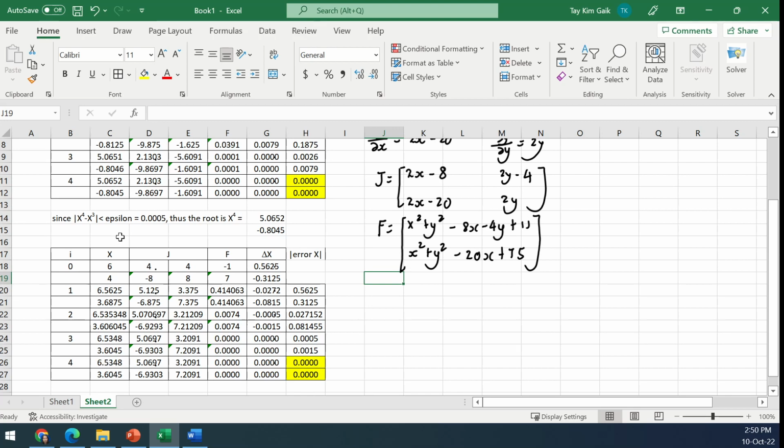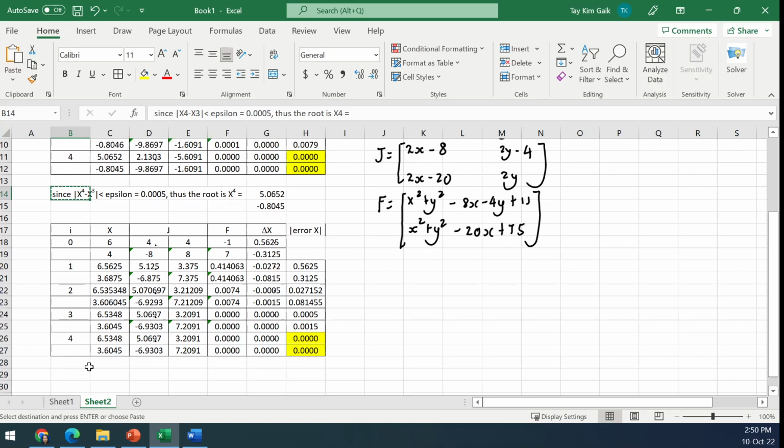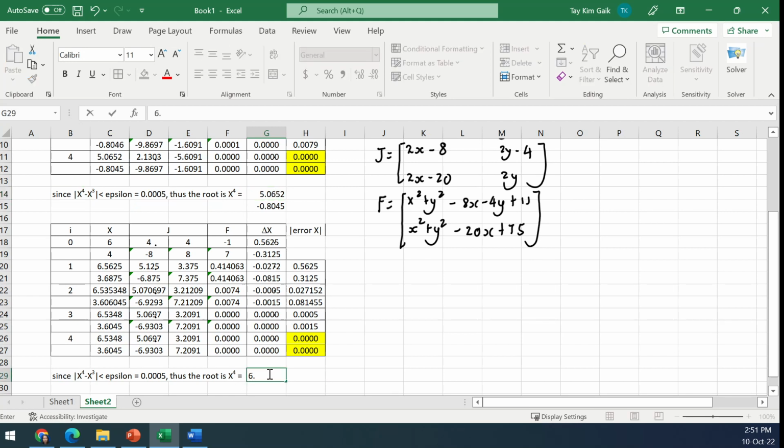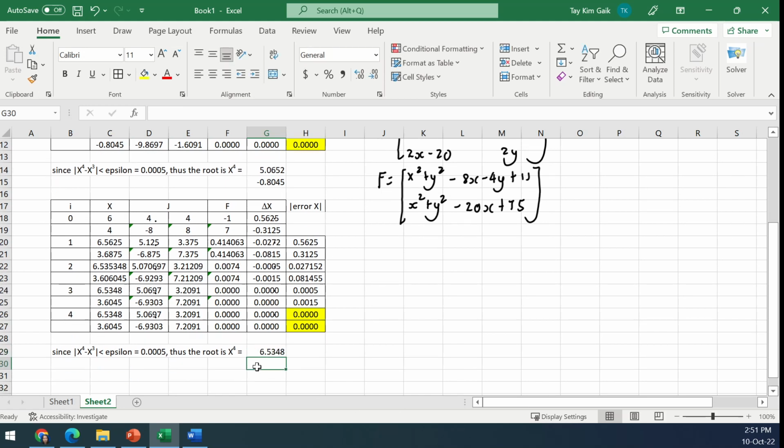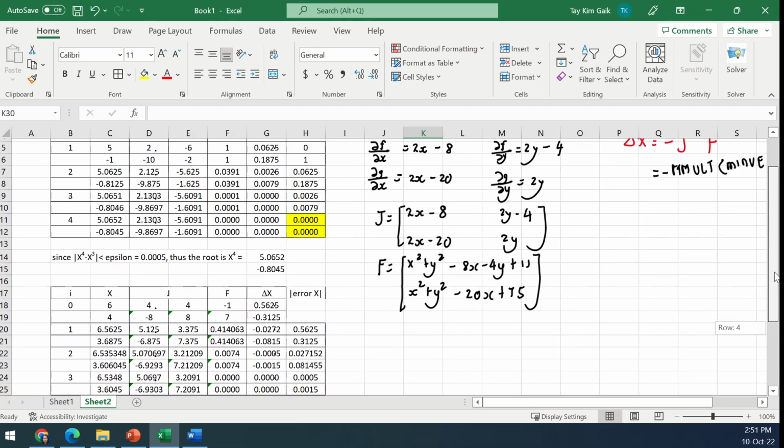The solution is, I can copy it in here, 5.5348 and then 3.6045. If I use the criteria, modulus of x number 4 deduct x number 3 less than epsilon, then the root is x number 4.